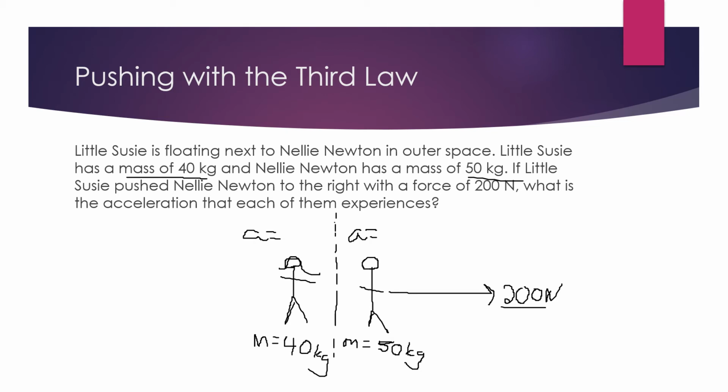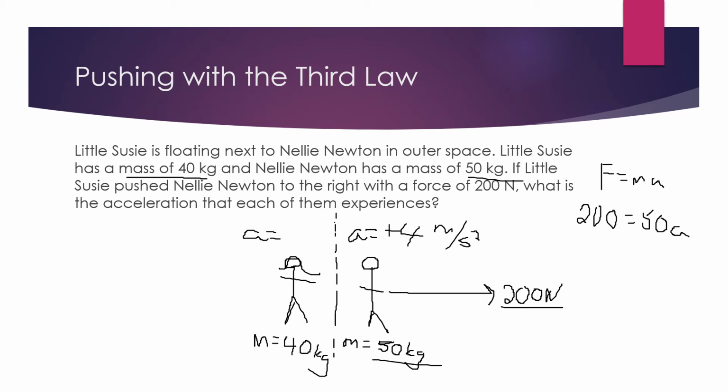I have his force, I have his mass, and I can just F=ma that. I could just plug those numbers into that equation. 200 equals 50 a. Divide. He is accelerating 4 to the right.